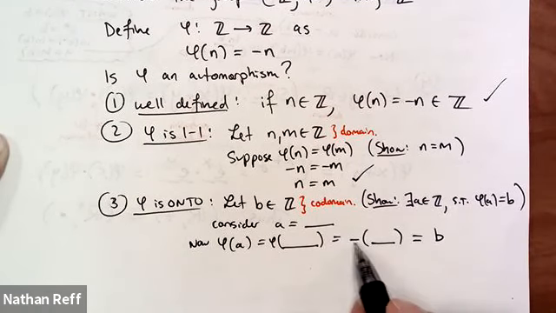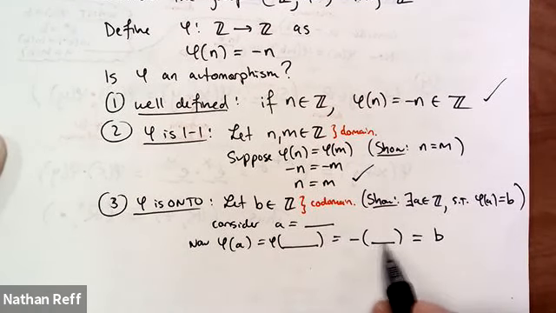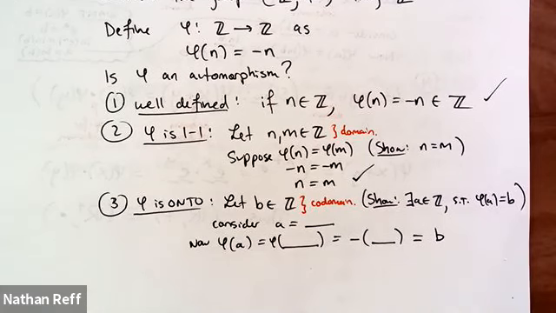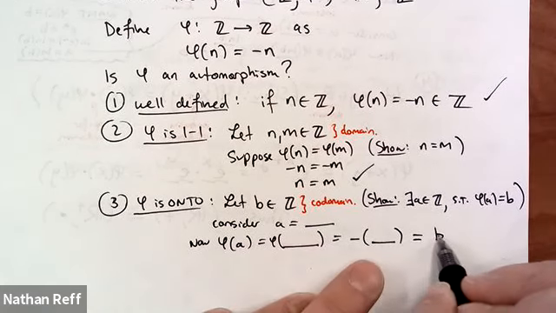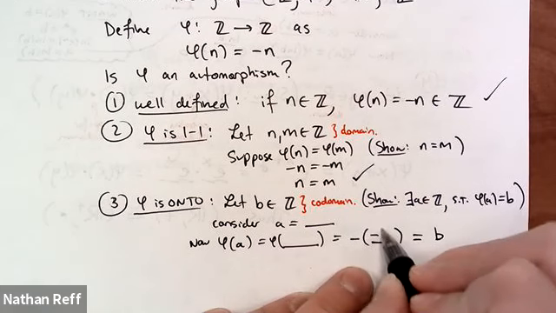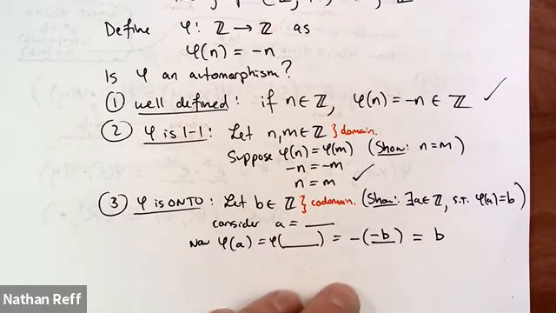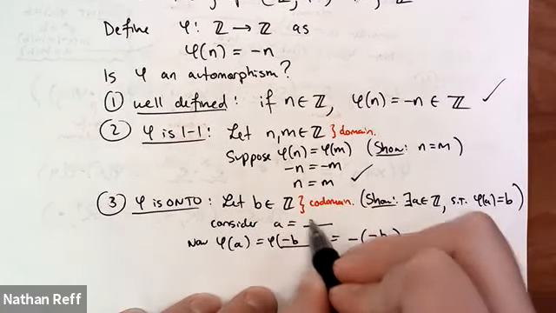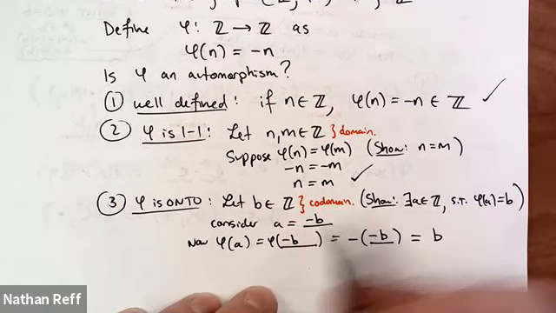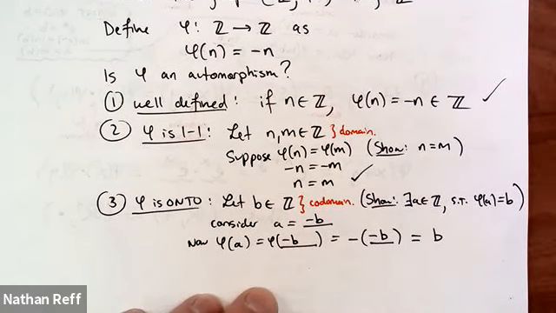So if you want negative of something to be B, what needs to be in the blank here? Yeah, negative B, right? The only thing that'll get you B here, if you're going to negate it, is to take negative B. So I need negative B here and negative B here. And is negative B in the domain?